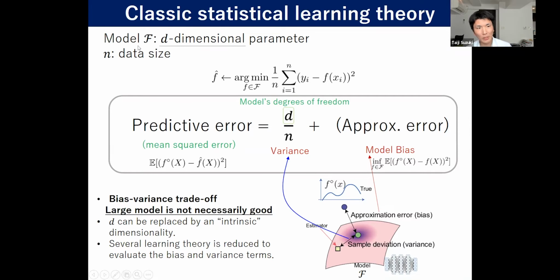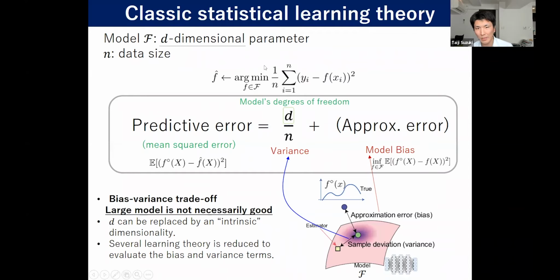Suppose that we have a model F, which is characterized by a d-dimensional parameter, and n is the data size. As an estimator f hat, we consider this kind of least squares estimator. That means in the model we perform empirical risk minimization where the loss function is a squared loss.